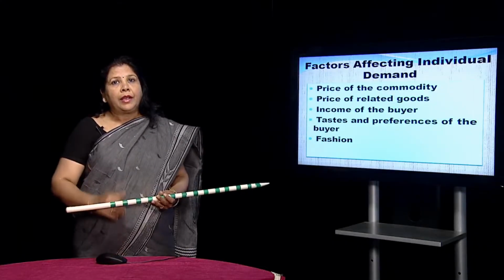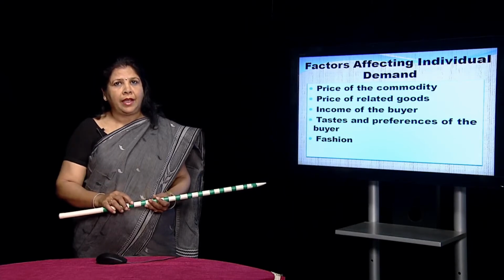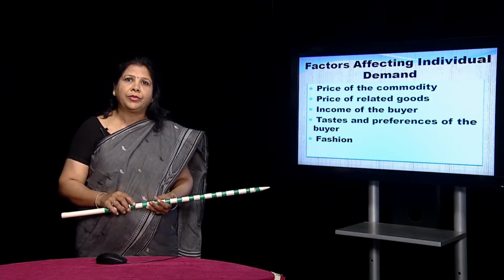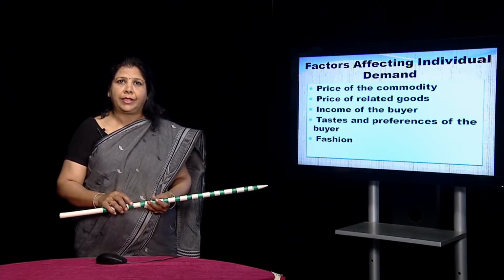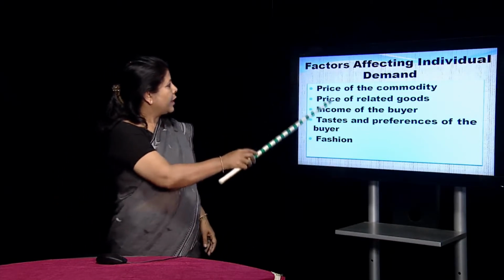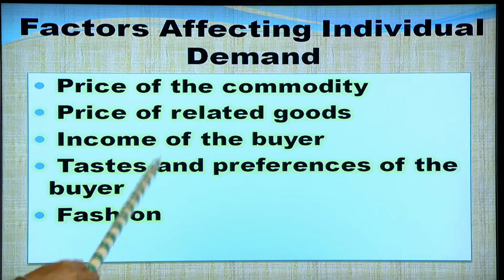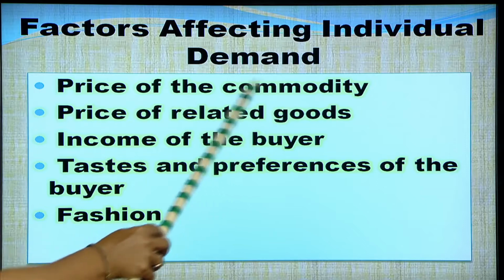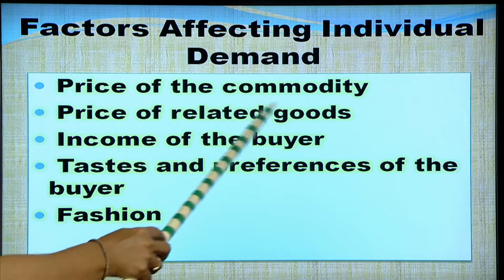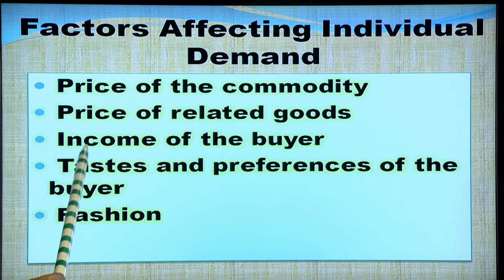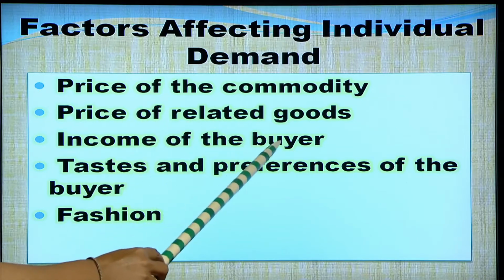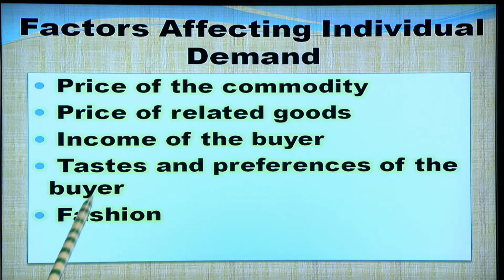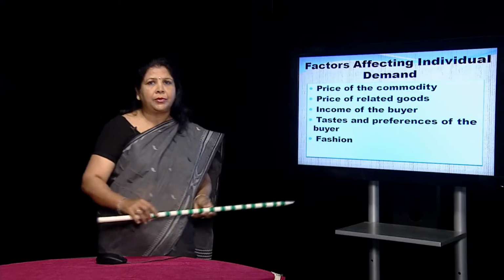Now, this brings us to the next understanding of what really constitutes demand for a commodity. Here we have these factors: first and foremost, the price of the commodity, secondly the price of related goods, thirdly the income of the buyer, and fourthly tastes and preferences of the buyer, and we club even fashion into it at times.